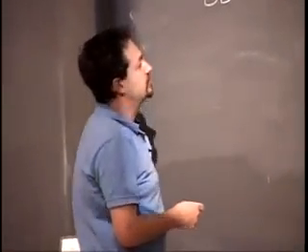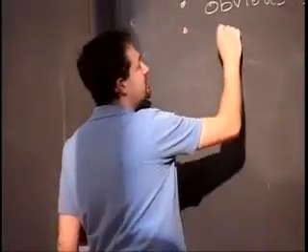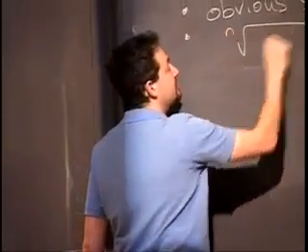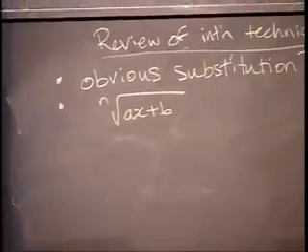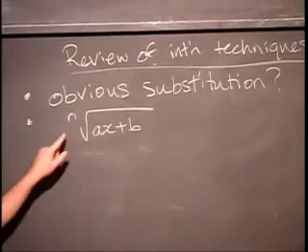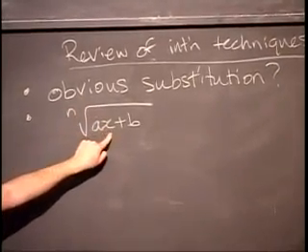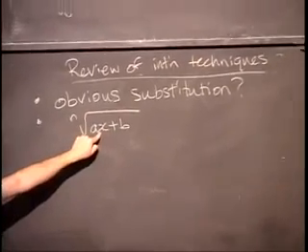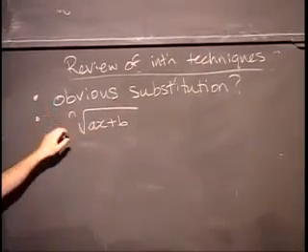Okay, one obvious substitution, though, in a way that may not seem so obvious, is if you have an nth root of a linear term, like ax plus b, and I discussed this 2 weeks ago. Contrast this with the square root of a quadratic. This is the nth root of a linear thing, where n could be any number, 5th root, 7th root, 23rd root.